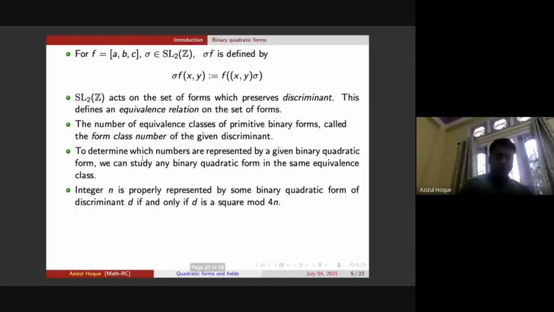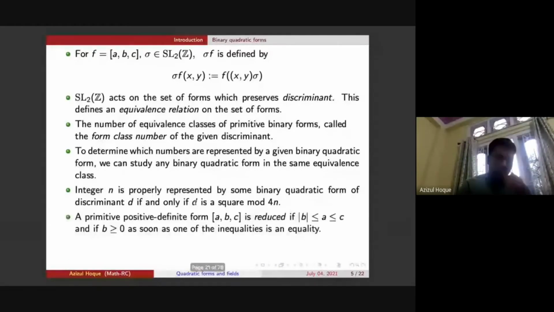There is no theory to determine exactly which numbers, but there is a criterion to identify those numbers. It says that an integer n is properly represented by some binary quadratic form of discriminant d if d is a square mod 4n. So if d is a square mod 4n, then n can be represented by some binary quadratic form of this given discriminant.